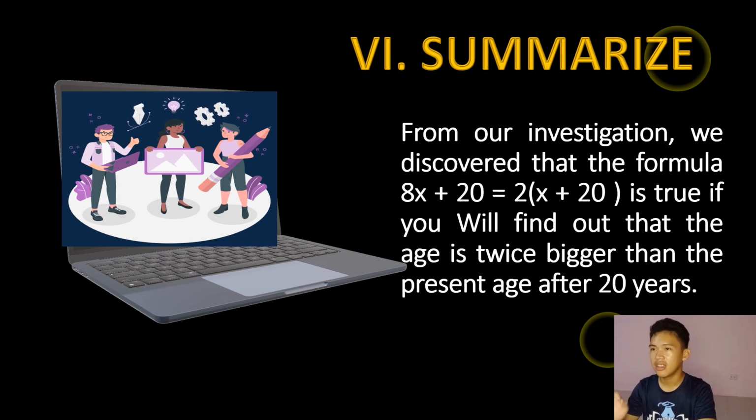So the mother's age is twice her daughter's age. So we all know that the equation that we use is correct and legit, that the mother is twice as old as her daughter.